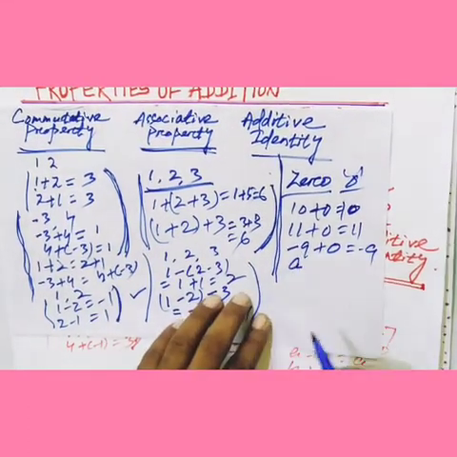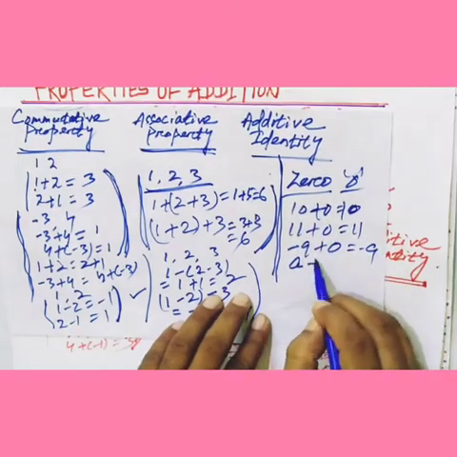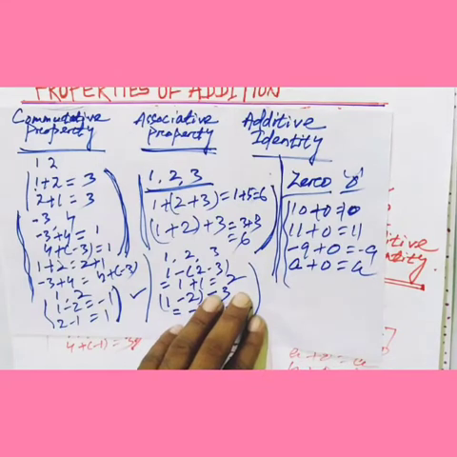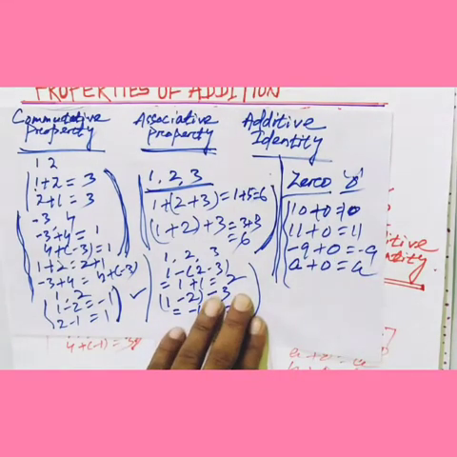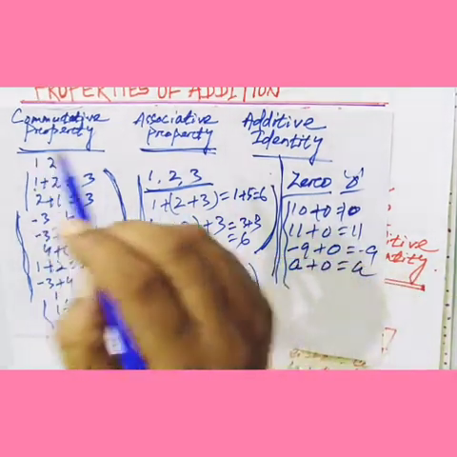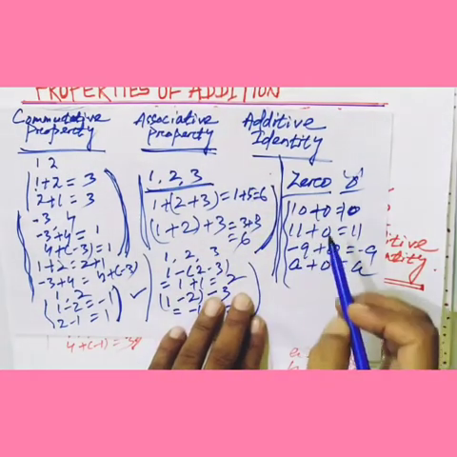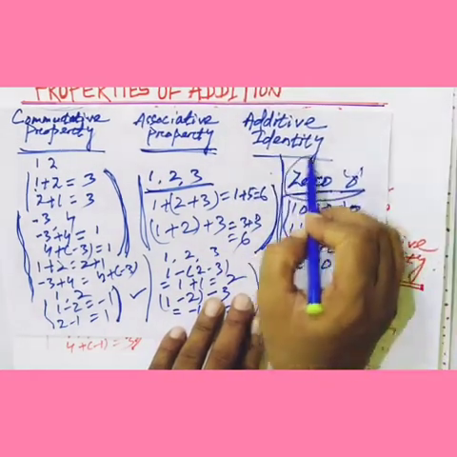Similarly, if A is a whole number or integer, A plus 0 equals A. From these examples, we conclude that if 0 is added to any number, whole number or integer, in all cases we get that same number. So 0 is called the additive identity.